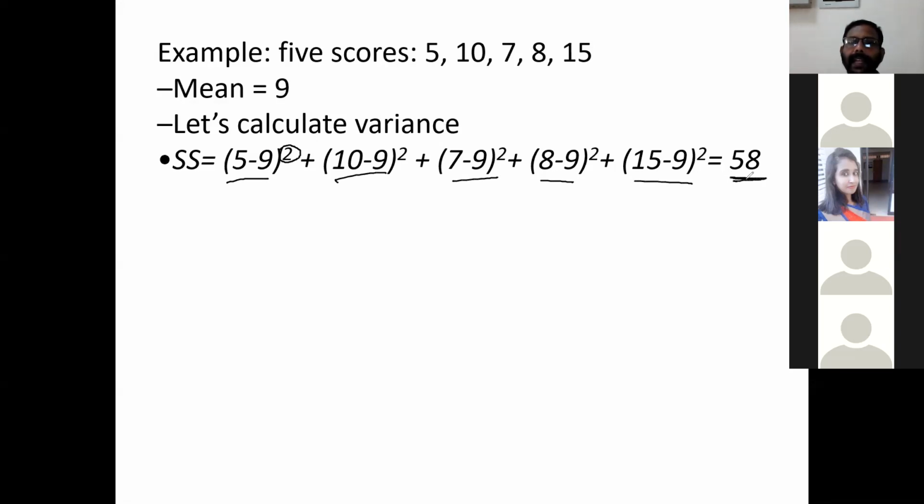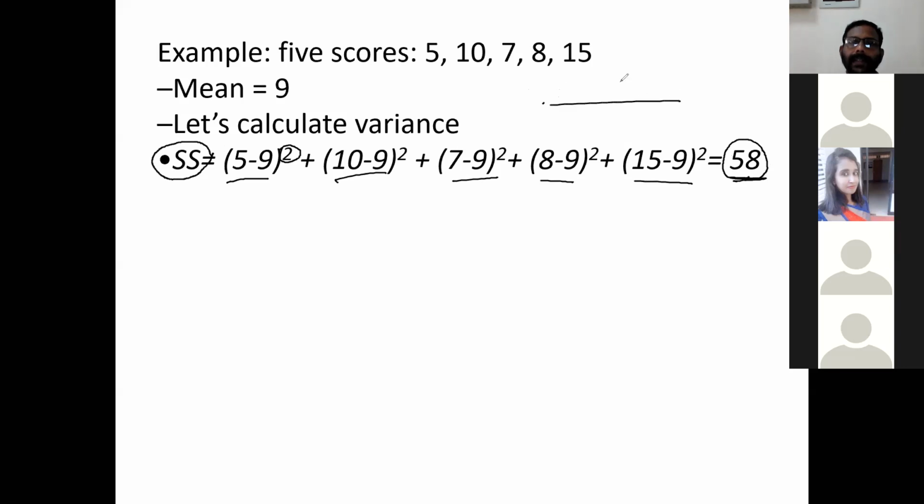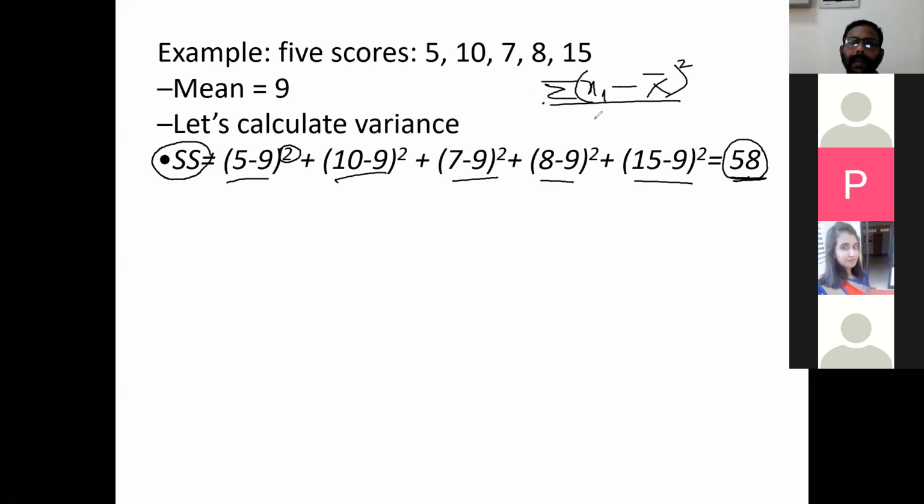You get 58. How do you call this 58? Can you remember? I said summation xi minus x bar whole thing square, divided by n minus 1.